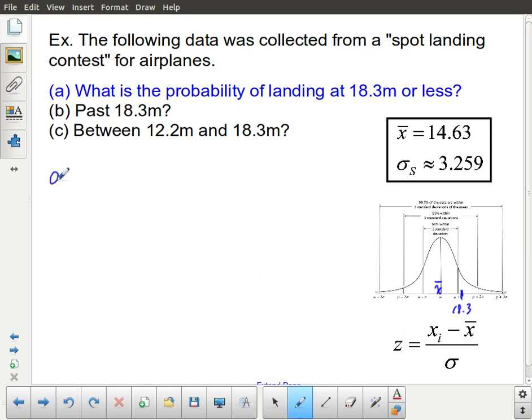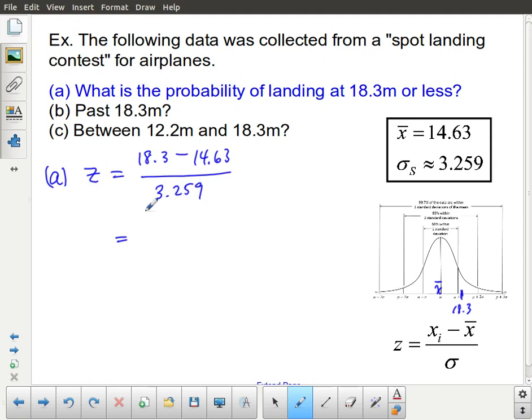So to do this question, part A, the first thing I'm going to do is figure out the z-score for 18.3. So I take that data value, 18.3, and I subtract the mean value, which is 14.63, and I divide that by the standard deviation. In this case, it's the standard deviation for the sample, and I get 3.259.